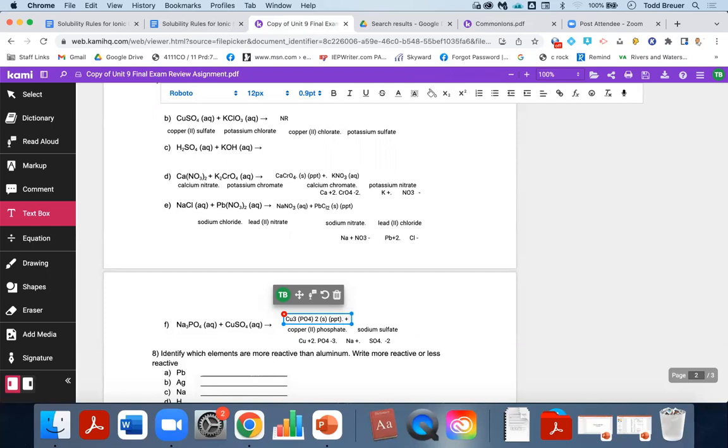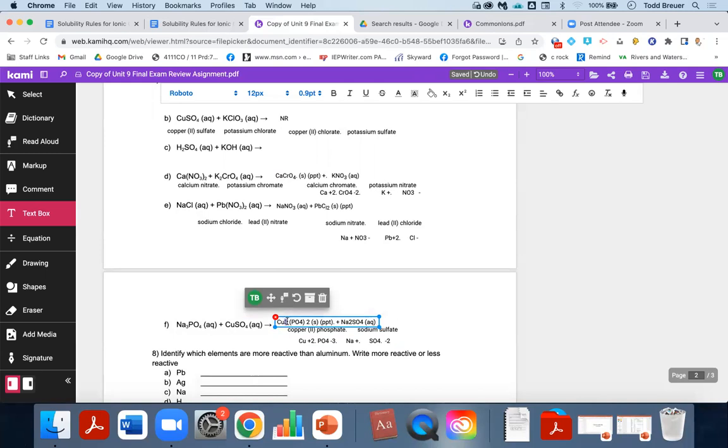And then sodium with sulfate: 2 Na, 1 SO4 based on the charges. We're crisscrossing, so 1 comes down to SO4, 2 comes down to Na. And that one we decided was soluble in water, so it keeps the aqueous symbol.